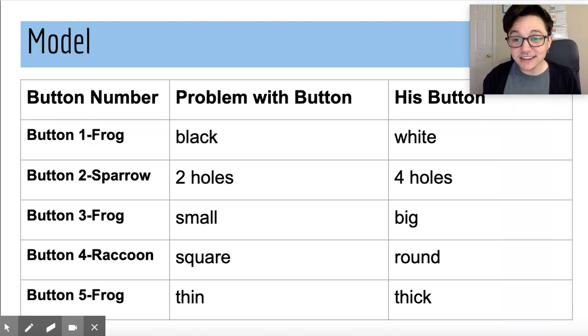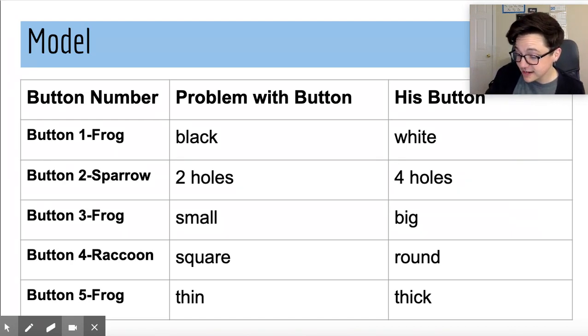Our next button is button number 4. Who found button number 4? Yeah, Raccoon found it. And what does it say about button number 4? Yeah, this button is square. So you can choose another color or keep using some of the colors that you've already found.